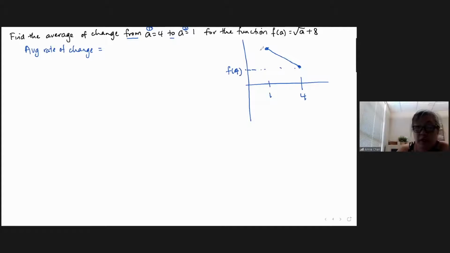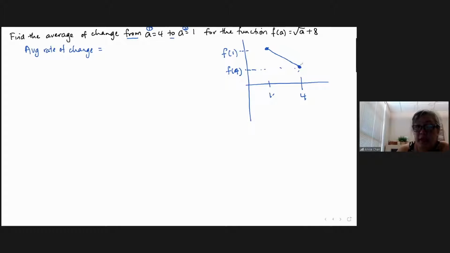And this point here is f of 1. So I'm going in this direction, right? I'm not sure whether it's going this way or this way. I don't know. I'm just assuming that it's going this way. It could go this way, right? So then it matters which one is first and which one is last.